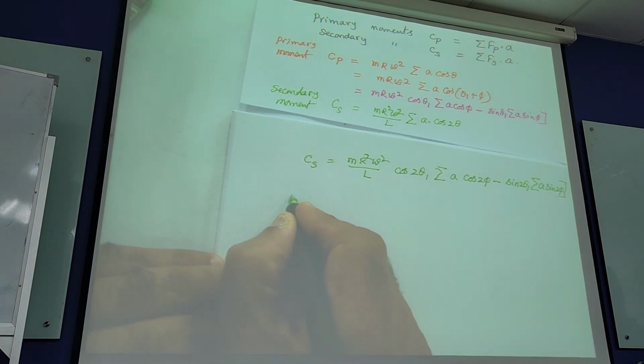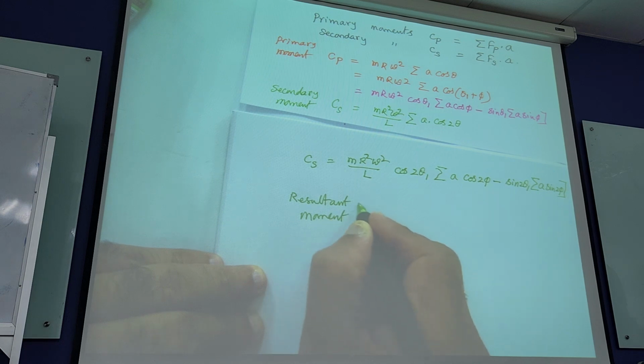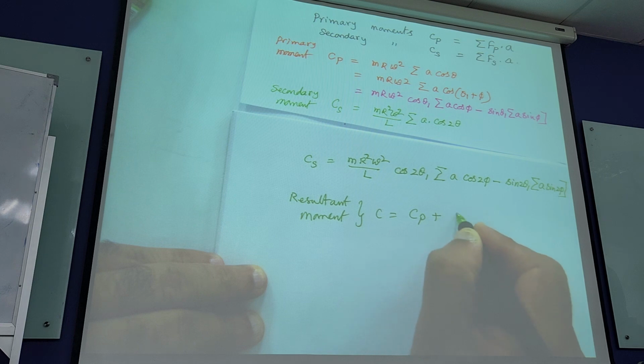So the resultant moment is the primary moment plus the secondary moment.